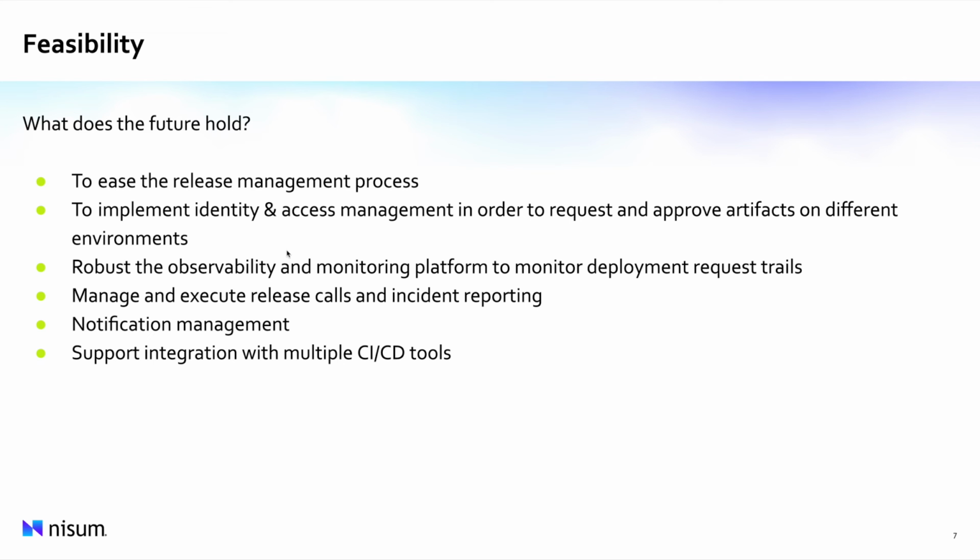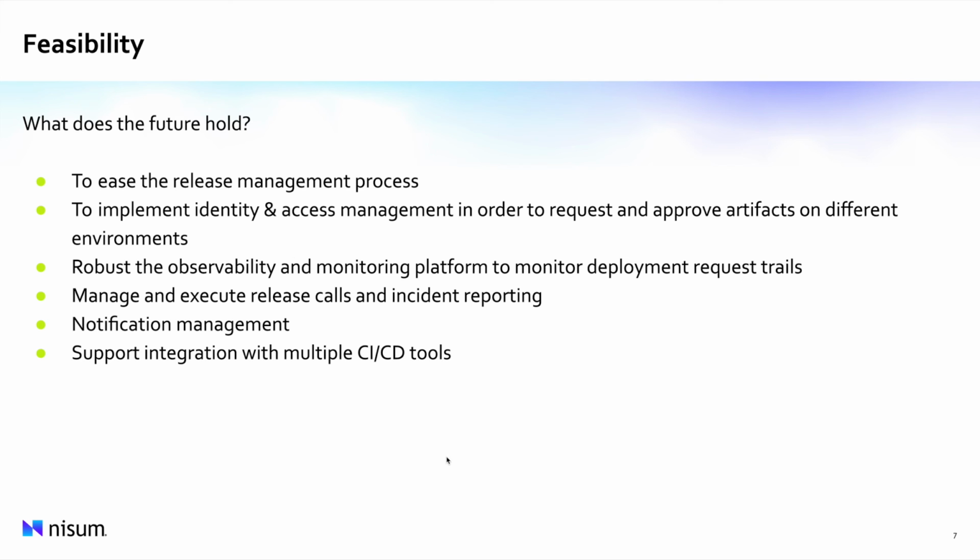So let's talk about the future feasibilities. For the future, we can add the release management process. Also, we need to implement identity and access management for different requesters and approvers on different environments.